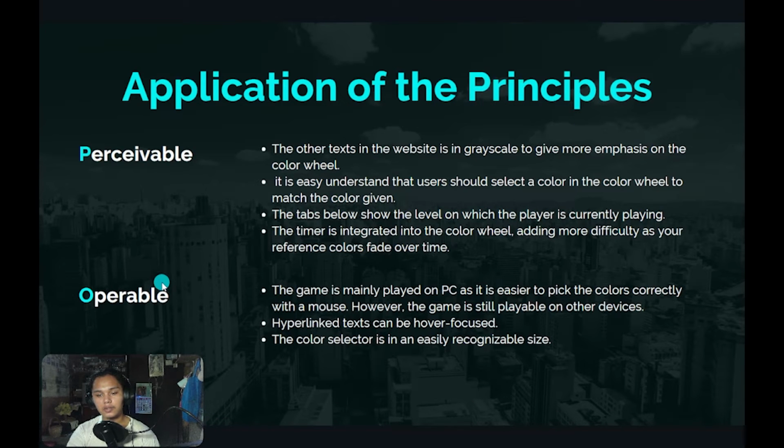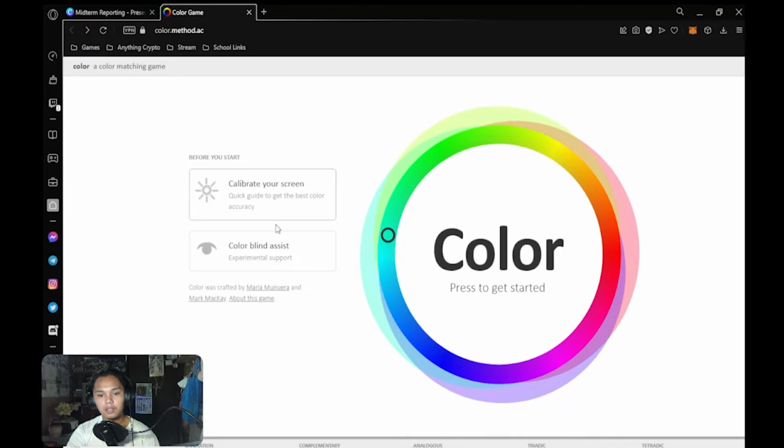For example, here, you can see that the mouse icon changes as I hover over hyperlinks, including this where it shows us that we can start the game.